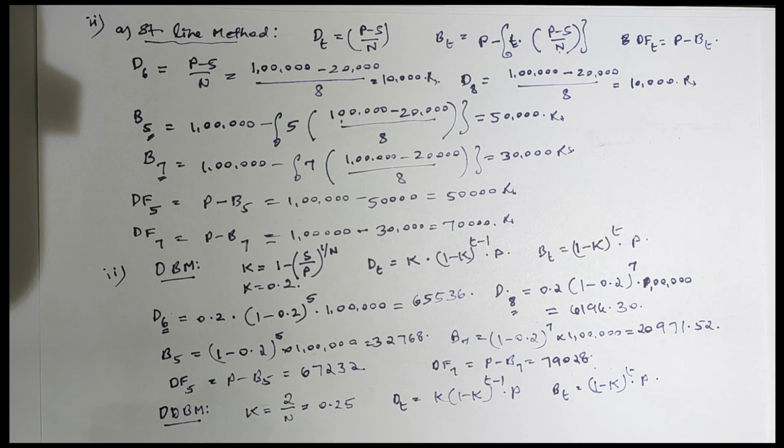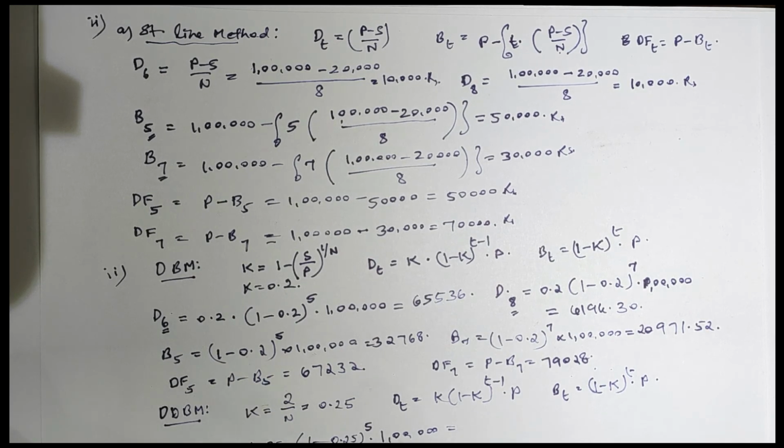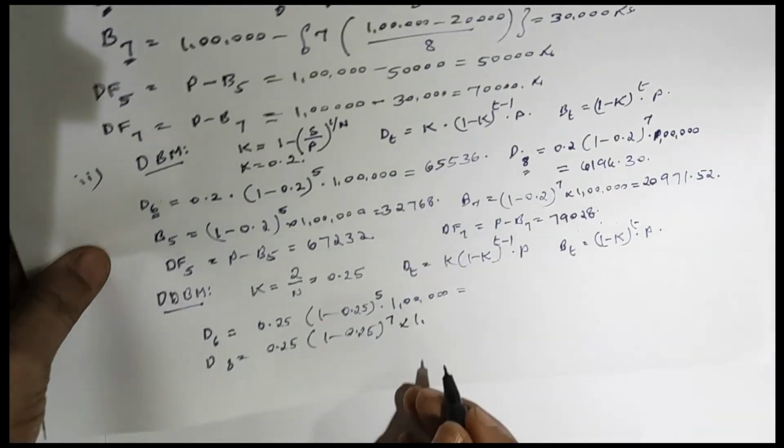So when we come to D6, it is 0.25 into (1 minus 0.25) raised to the power t minus 1, 6 minus 1, 5, into 1 lakh. Similarly, D8 is 0.25 into (1 minus 0.25) raised to the power 8 minus 1, 7, into 1 lakh.